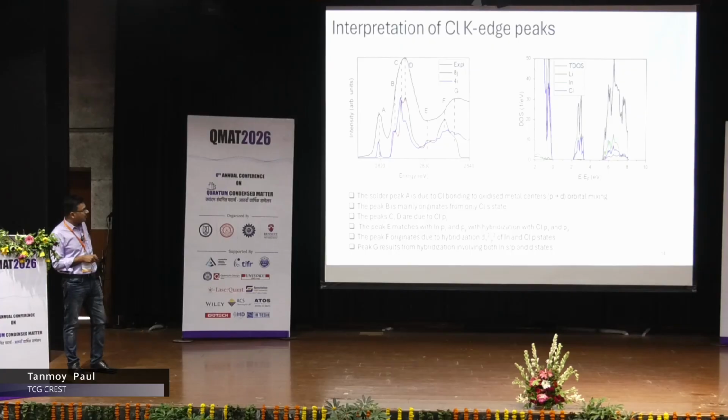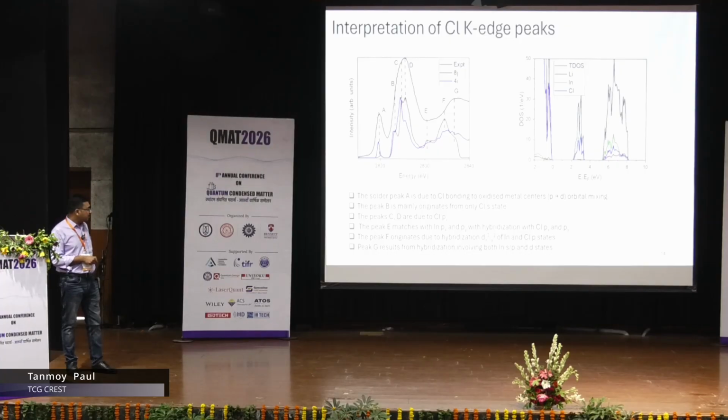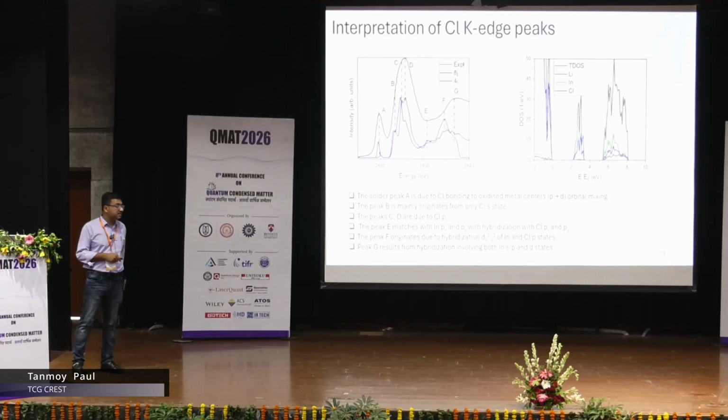This is for the reference that we consider, but of course we have studied minutely the partial density of states of all the atoms. Peak F also originates from the indium F and chlorine P states, and G from the indium S, P and D admixing states.